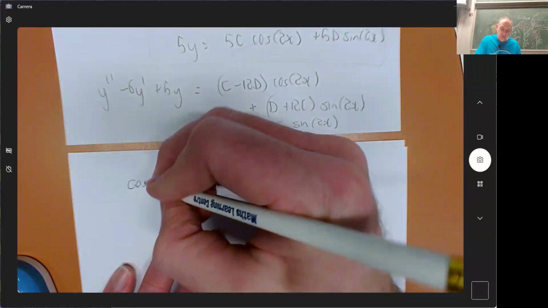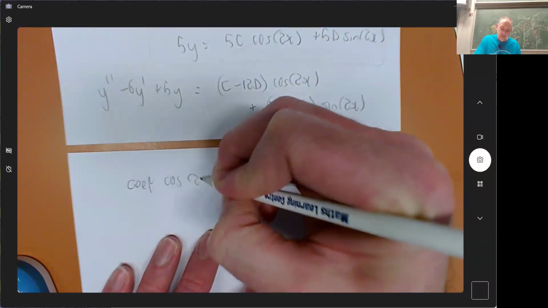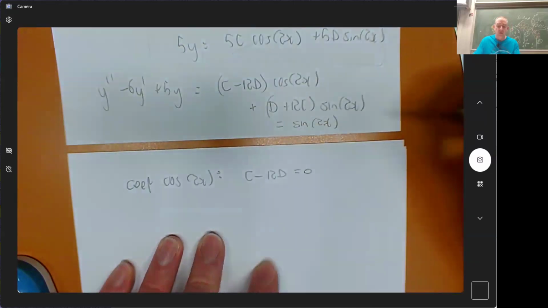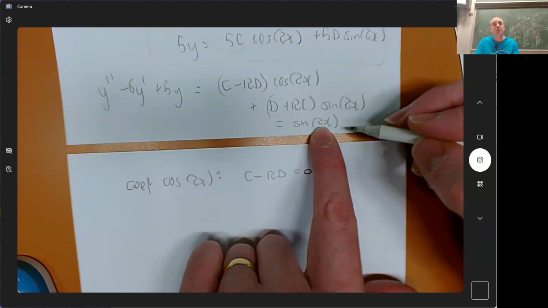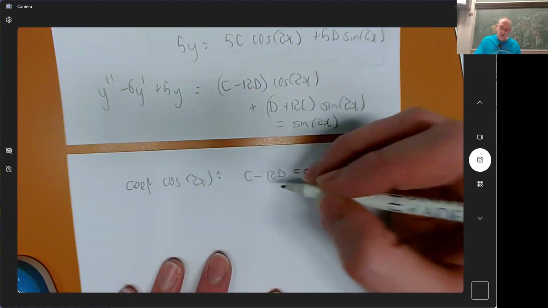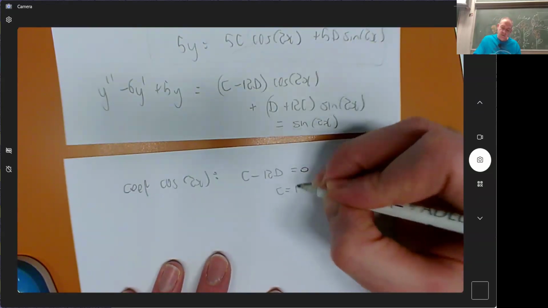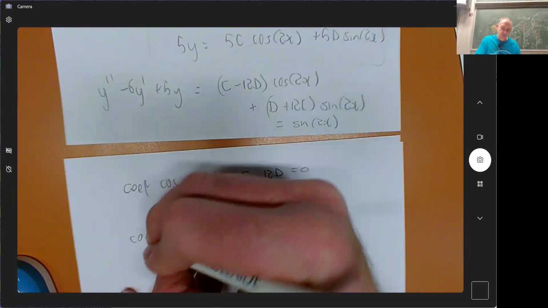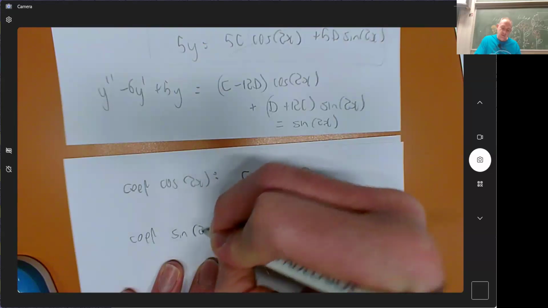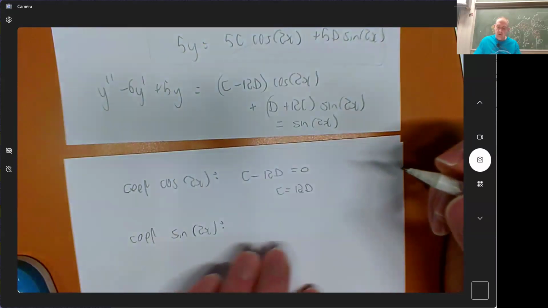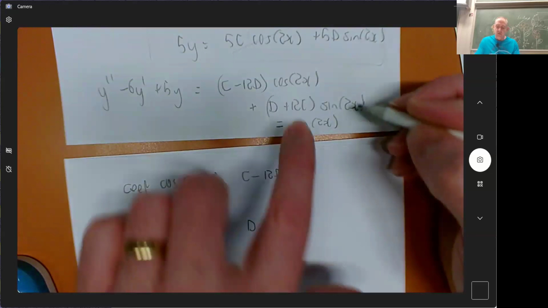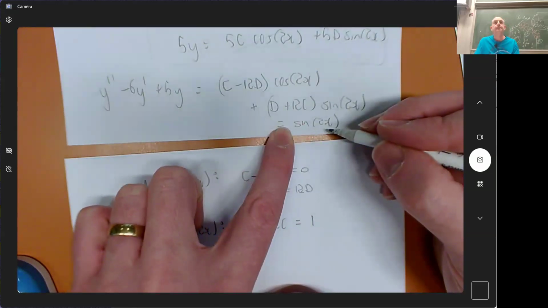So the coefficient of cos 2x is c minus 12d, which is supposed to be 0, because there's no cos 2x's over here. And so c is 12d. And the coefficient of sine 2x is d plus 12c, which is supposed to be 1 over here.